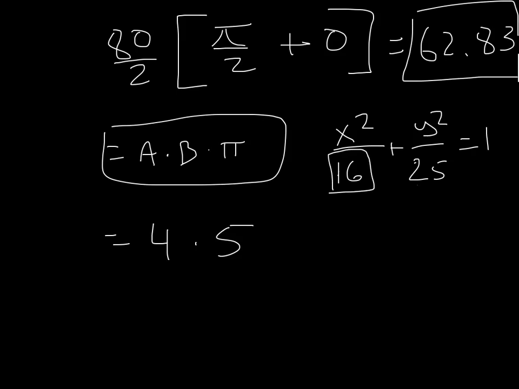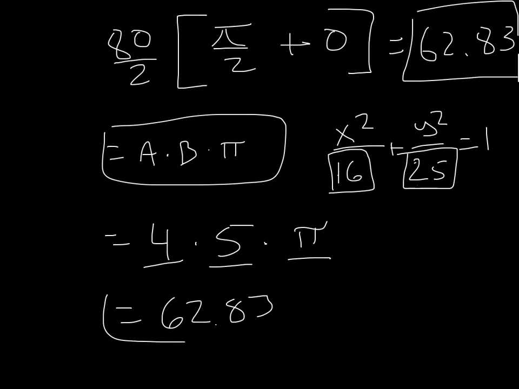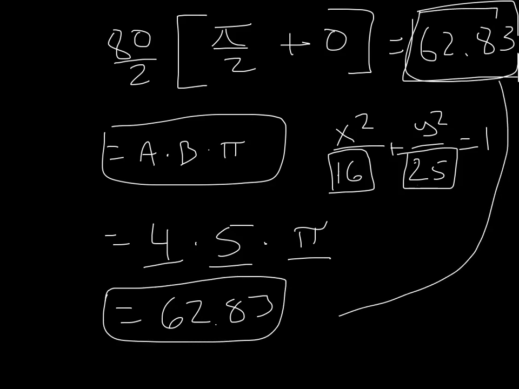These here are our a squared, and this one here is our b squared. So when you multiply 4 times 5 times pi, it should also give you 62.83, which they match.